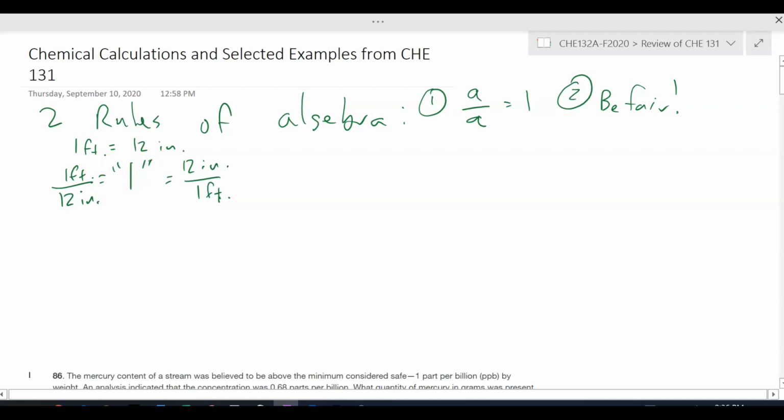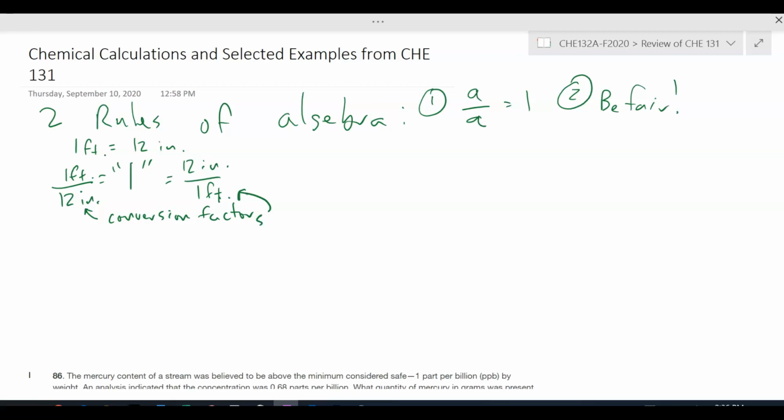And if we want to apply either one of these two things, which we call conversion factors, to an equation, we can do that on one side and still be fair because we're multiplying the other side by 1, which of course doesn't change it at all. So a lot of what you're doing in chemical calculations at this level is you're recognizing what these conversion factors are, you're recognizing where we can get those conversion factors from, and applying them correctly.